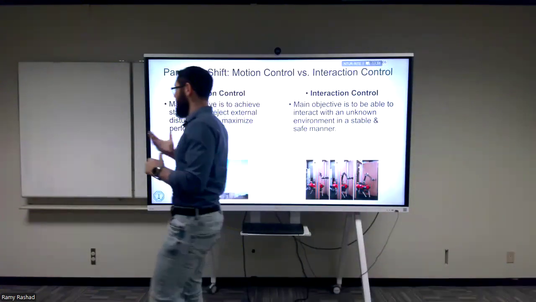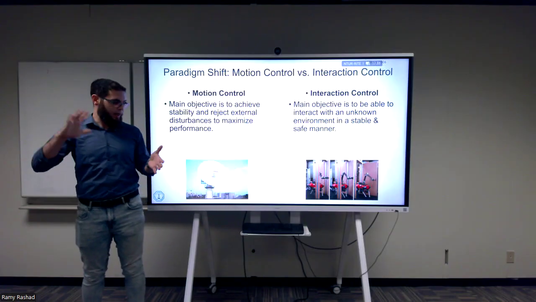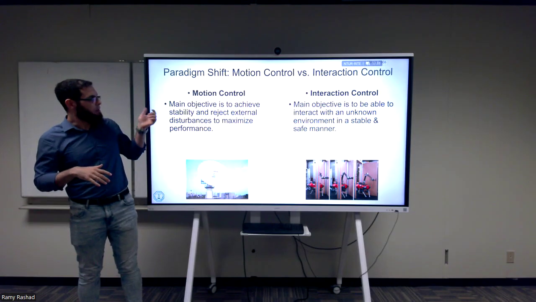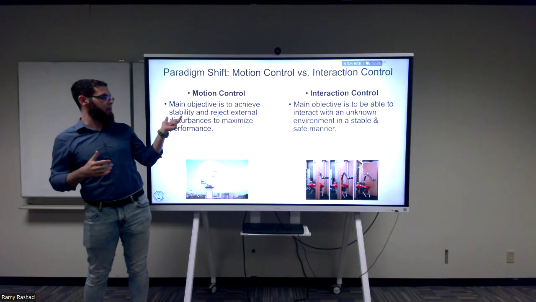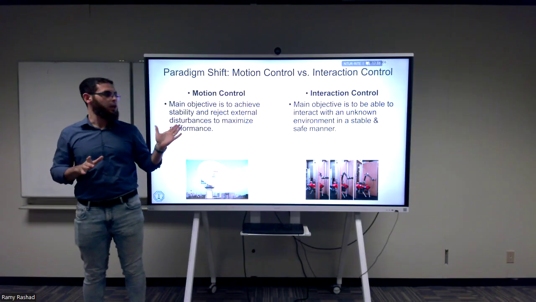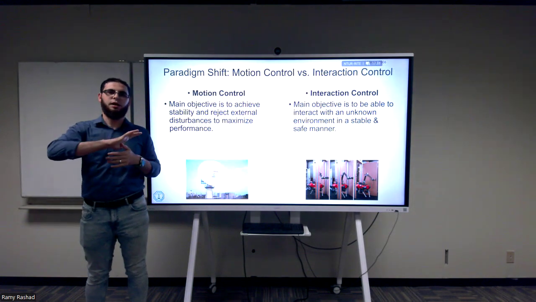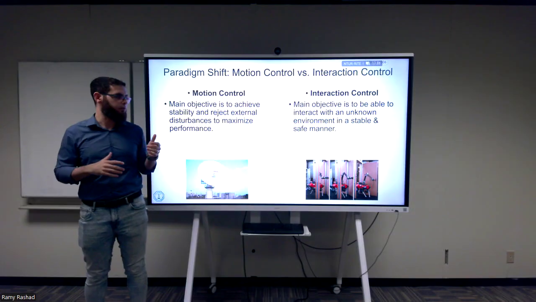When we have a motion control problem, for example a satellite radar or tracking system, the main objective when designing the motion controller is that we want to achieve stability and reject the disturbance. And we want to maximize performance: fastest rise time, fastest settling time, no overshoot, all of this stuff.